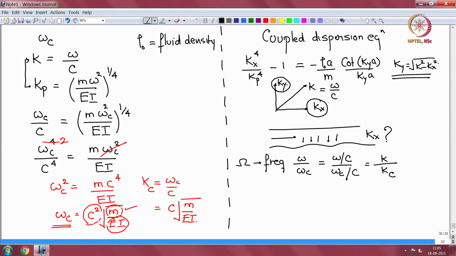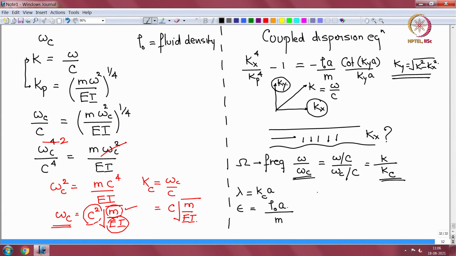Then lambda, a non-dimensional length, is kc times a, and epsilon, the fluid loading parameter I said is very important, is rho 0, the fluid density, into a, divided by mass per unit area into a. Both have the same unit, numerator and denominator.